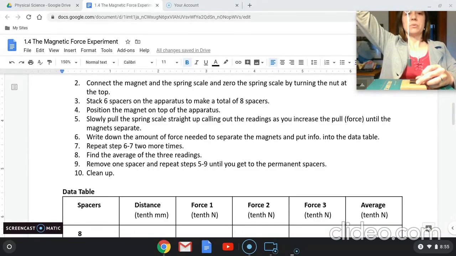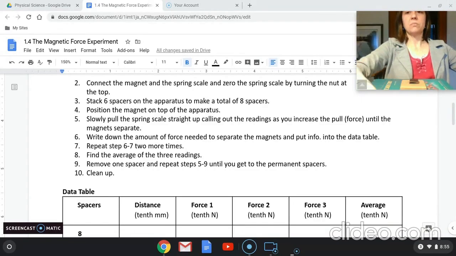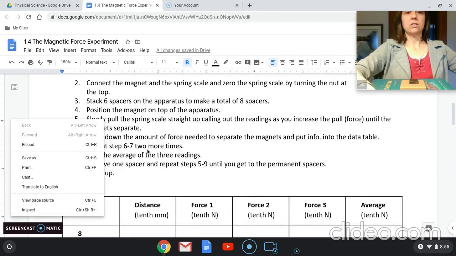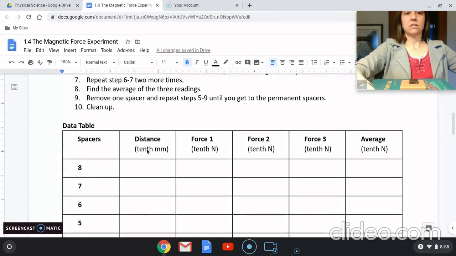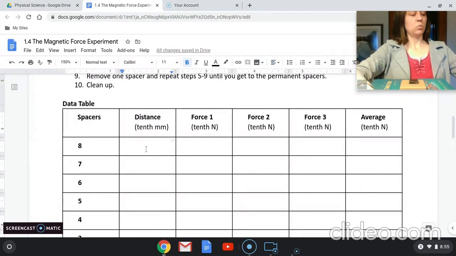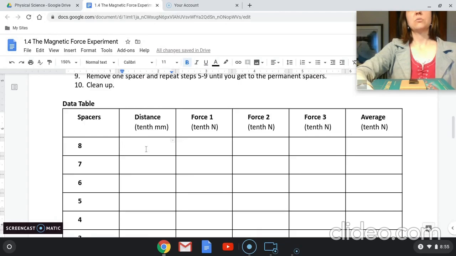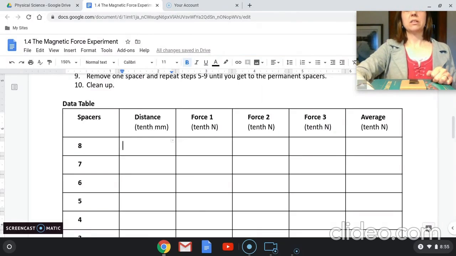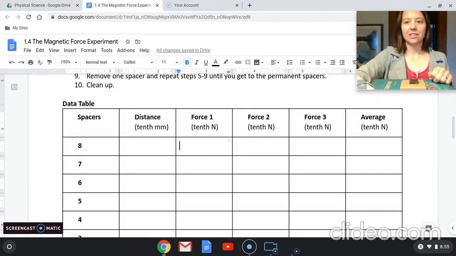Oh, there we go, and it separated. So then I'm going to come down here, and let's see, 8 spacers. My distance was 8 times 1.1, so 8.8 millimeters right here. And then force 1 was 0.5 newtons.